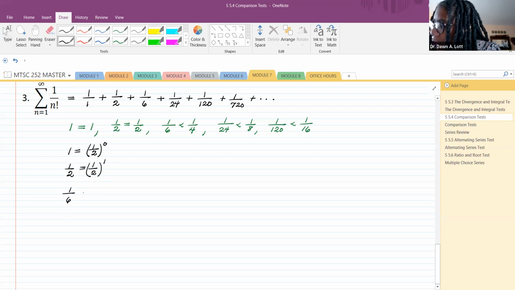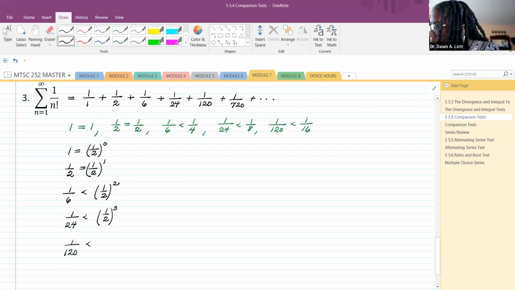And 1 over 6 is less than 1/2 squared. And 1 over 24 is less than 1/2 cubed, because that's what I have. And then 1 over 120 is less than 1/2 to the 4th.